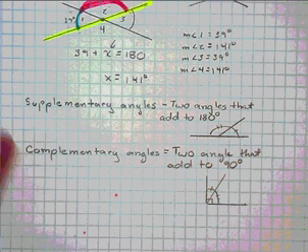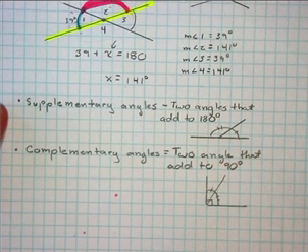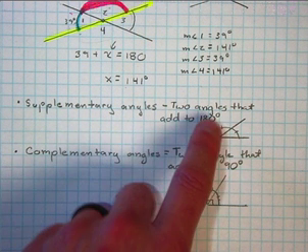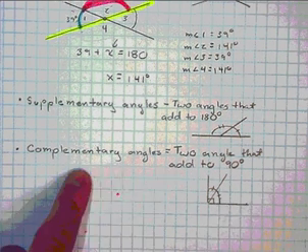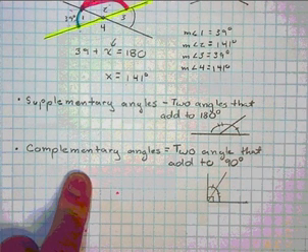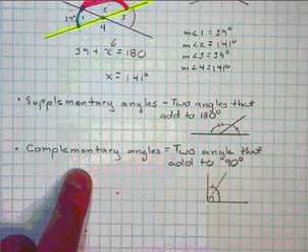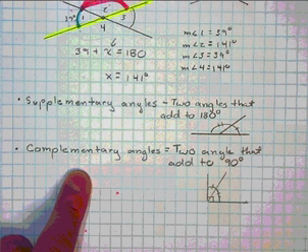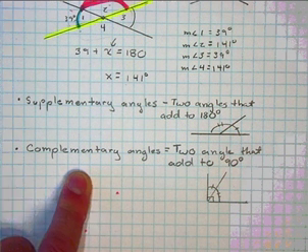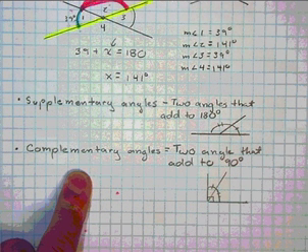Supplementary and complementary are kind of tough to remember which one is which. Supplementary is 180, complementary is 90. Somebody in an earlier class said that if somebody gives out complimentary shirts or snacks, they're free for you to take, so you might want to stand up and grab them.